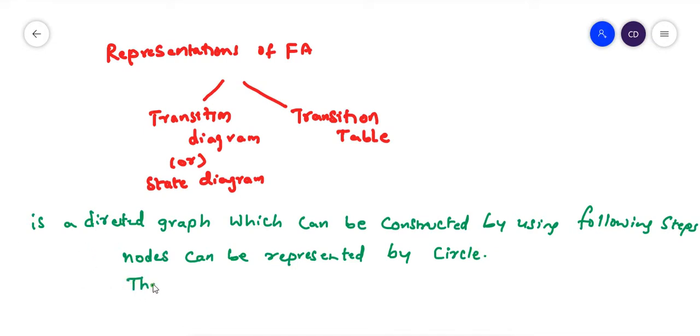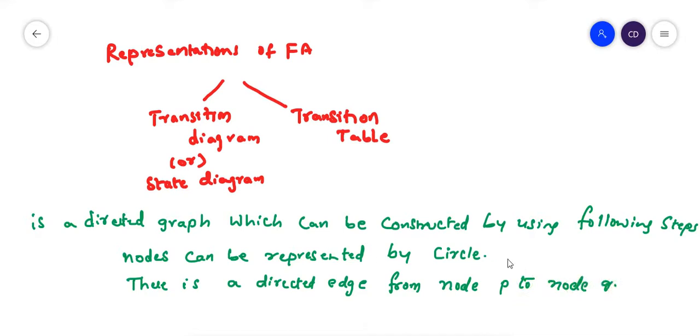And there is a directed edge from node P to node Q labeled A if there is a transition from P with an input symbol A and it moves to state Q.